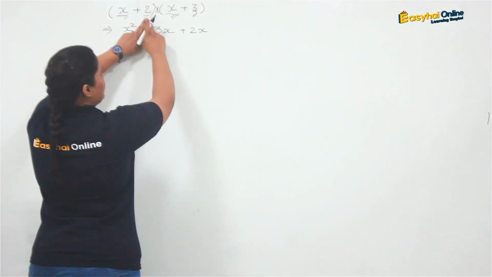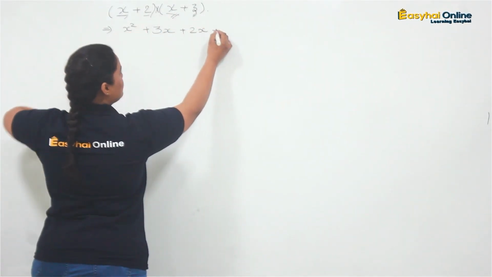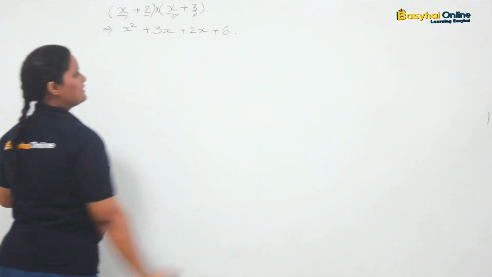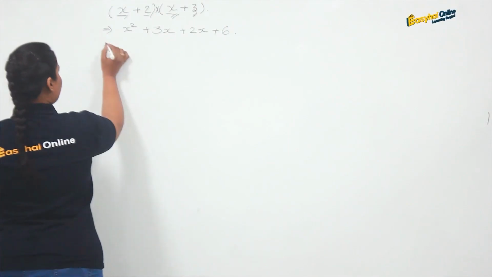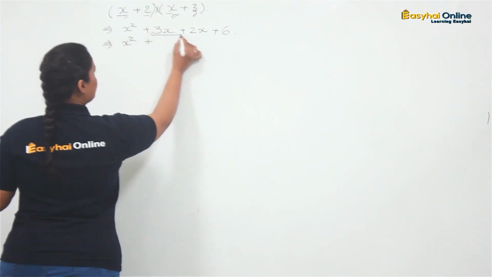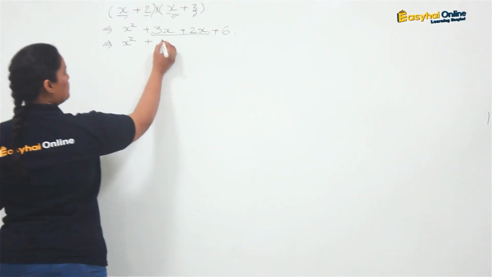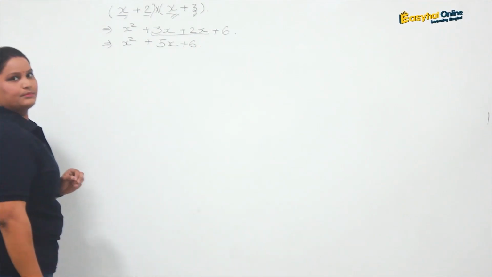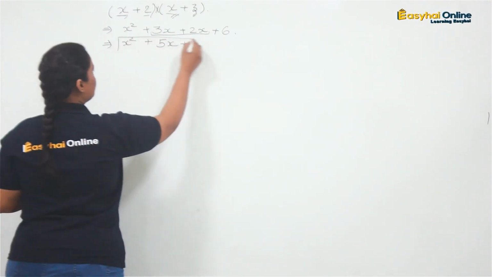Next, the second term multiplied by the second term: 2 into 3 is 6. Now solve it. It will be x square plus 3x plus 2x, which is 5x, plus 6, and this is the answer.